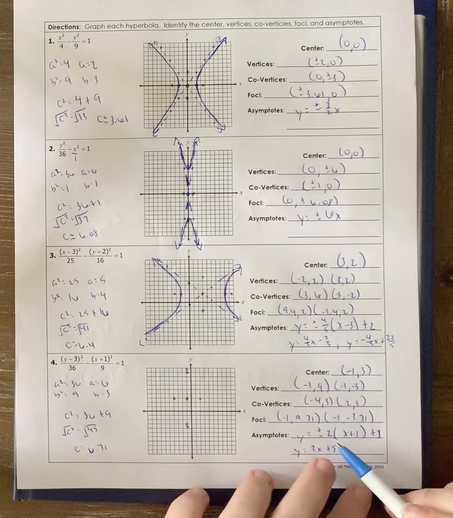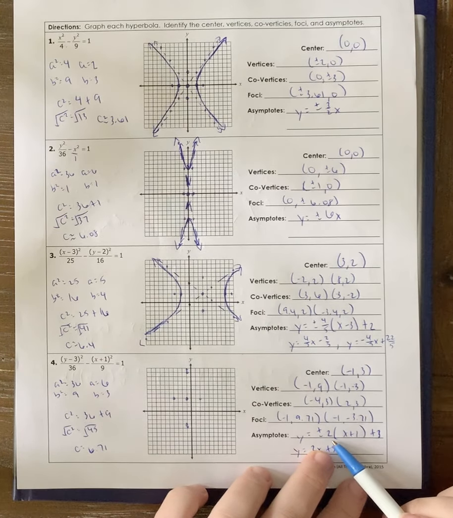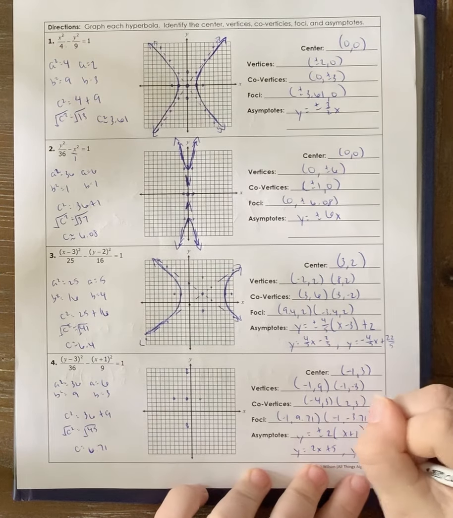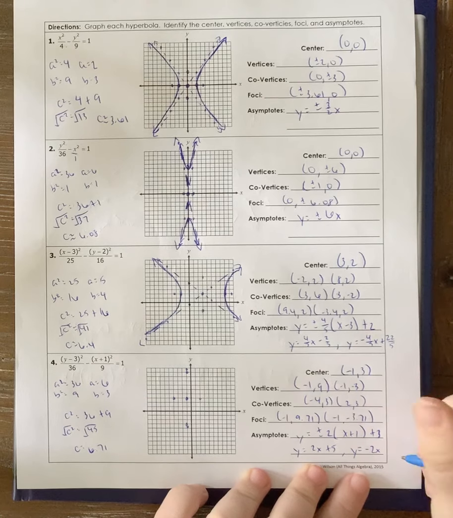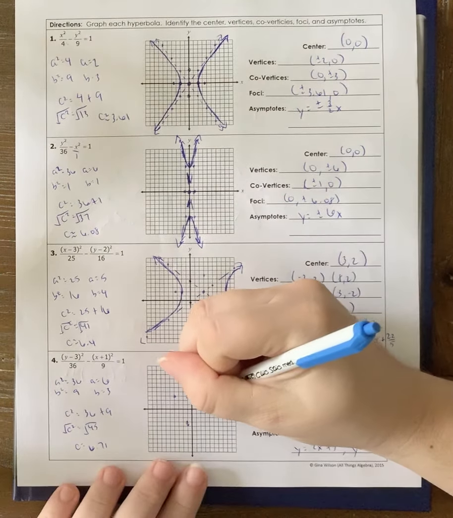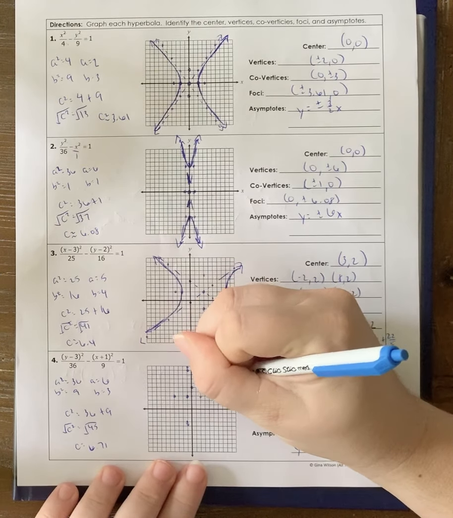And then for the negative one, we have negative 2x and negative 2, and then negative 2 and 3 is a positive 1, so the other one would be y equals negative 2x plus 1. So that's our asymptotes that we need to graph. So we have 1, 2, 3, 4, 5, 2 over 1.